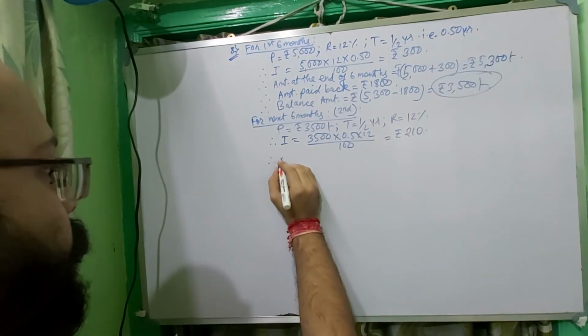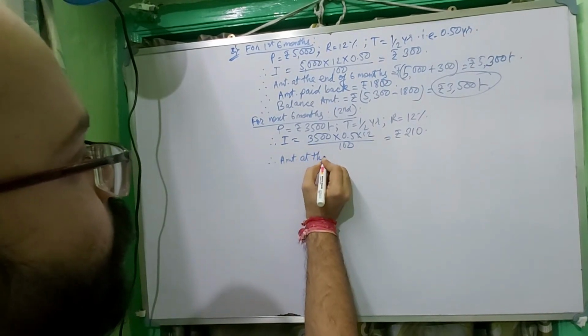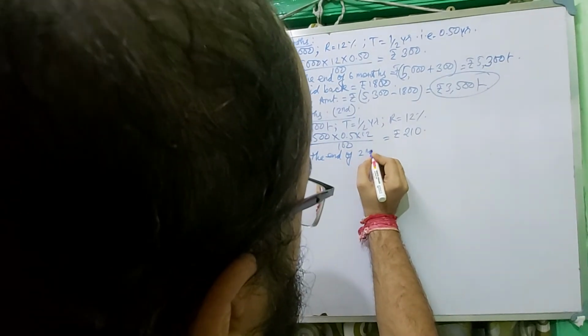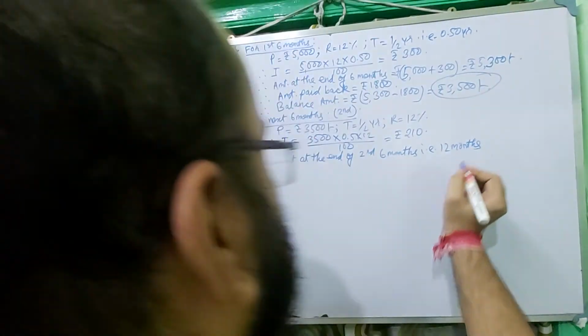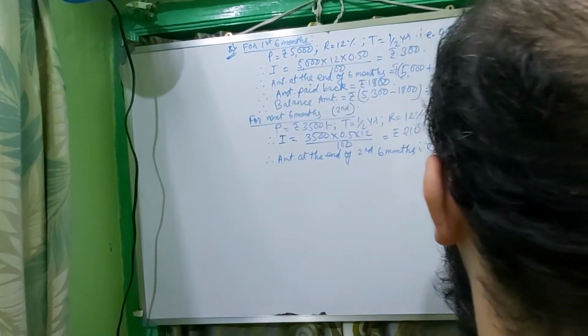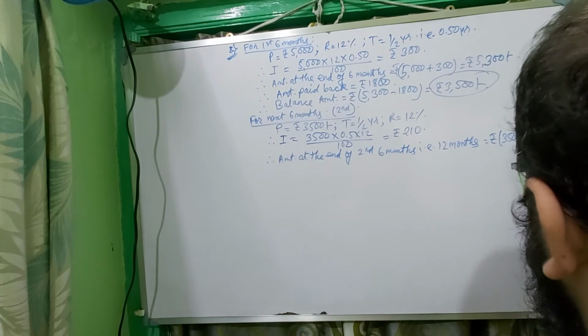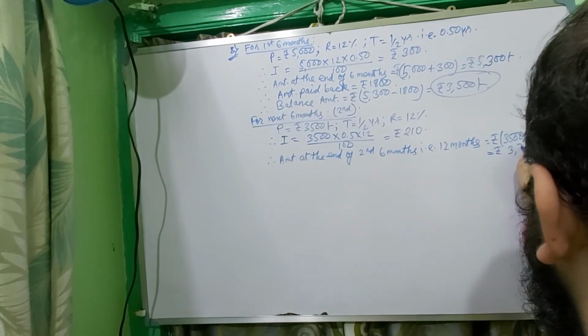Therefore the amount at the end of the second 6 months, that is 12 months, is 3,500 plus 210, which is rupees 3,710.